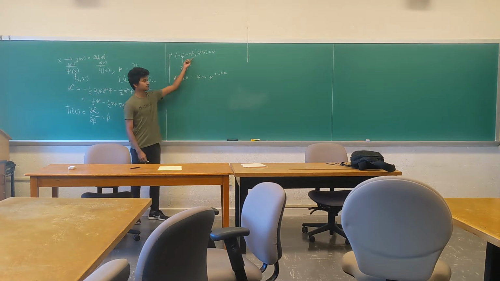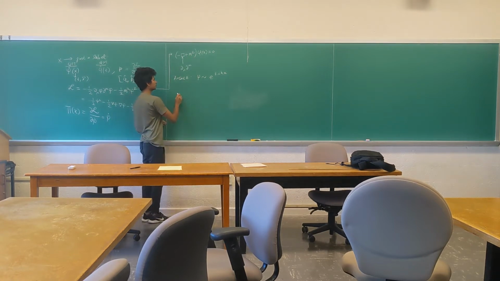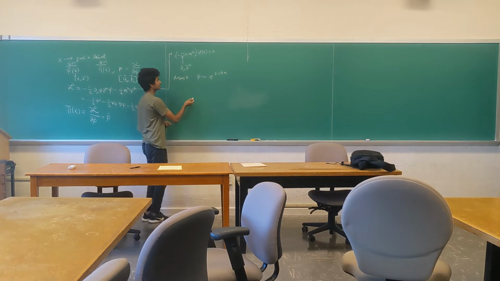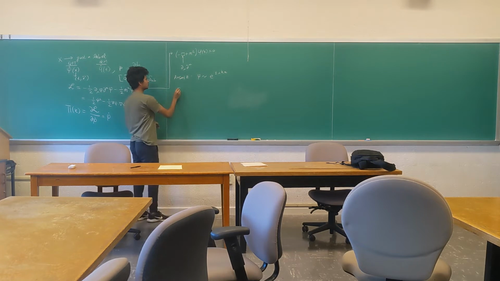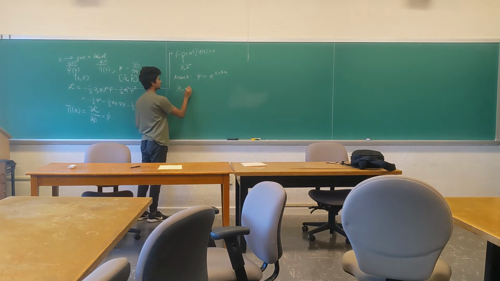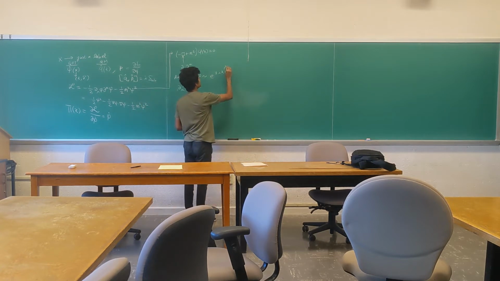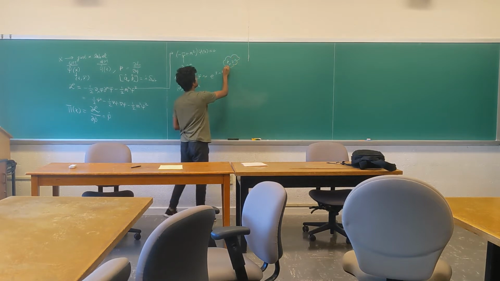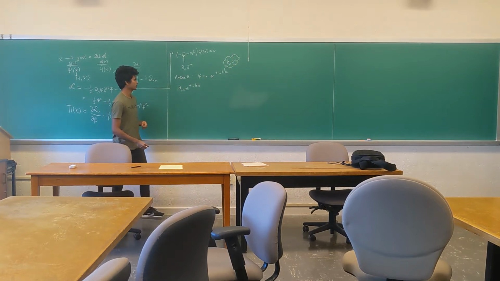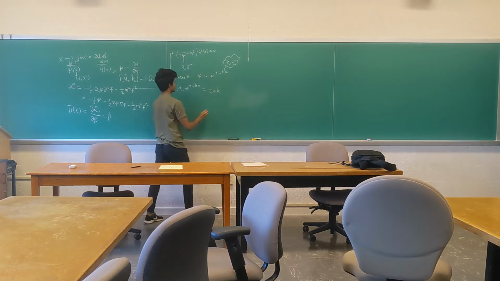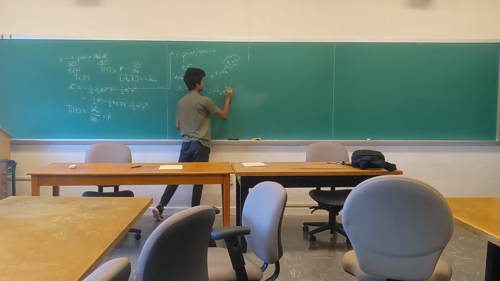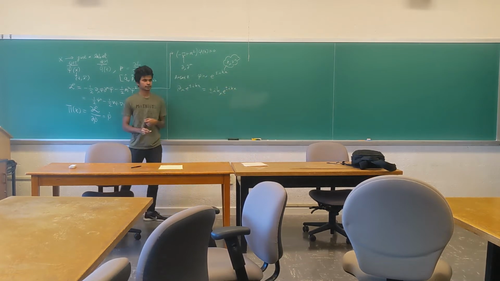Let's plug this back into the equation. So what do we get? d mu acting on e to the plus or minus i kx, where kx is k mu x mu, gives plus or minus i k mu e to the plus or minus i kx.